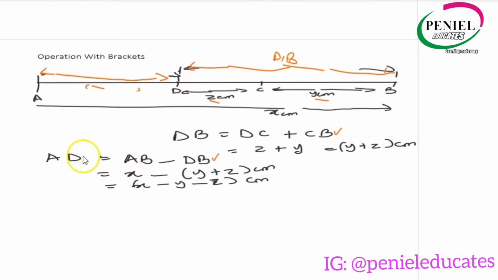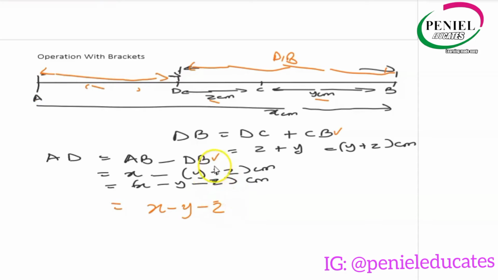So we have our line AD, which is AB minus DB. We have our x, which is AB, from A to B is x centimeter. So x minus (y plus z), which is line DB. Once you expand this, you discover that the sign inside this bracket has changed. So you have x minus y, then minus z.